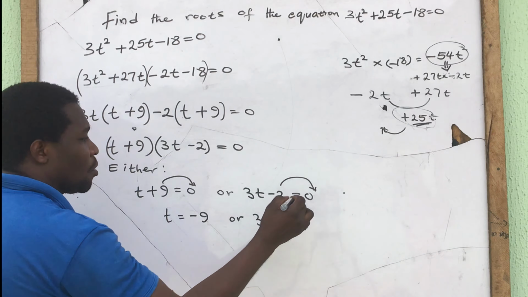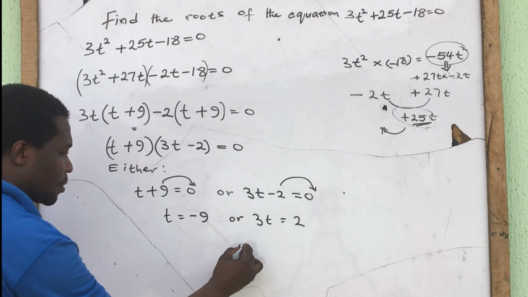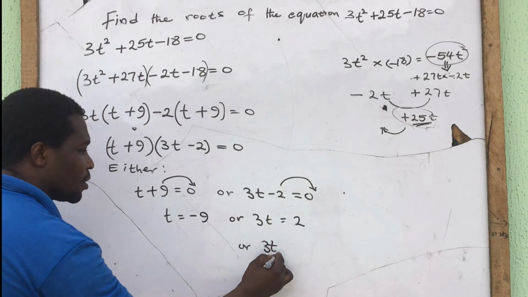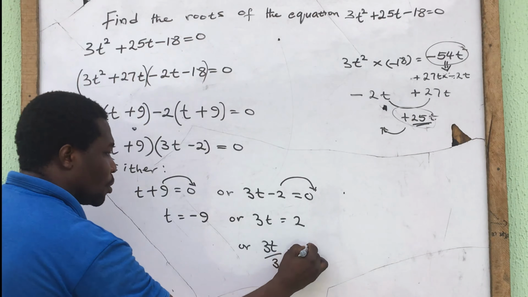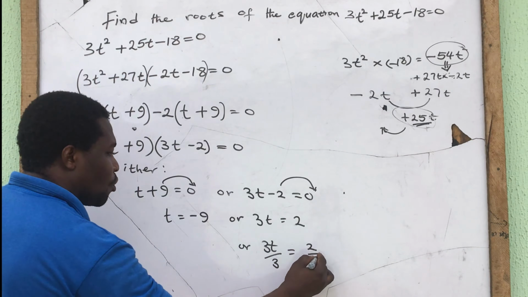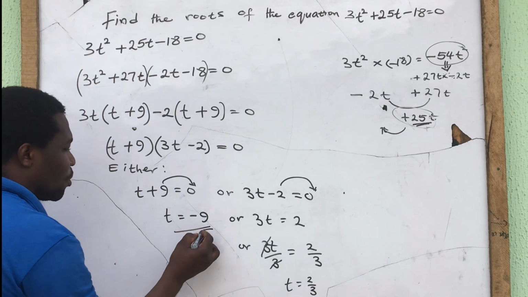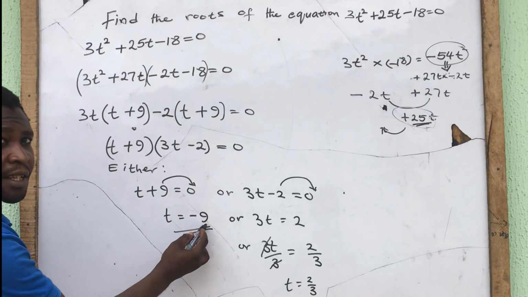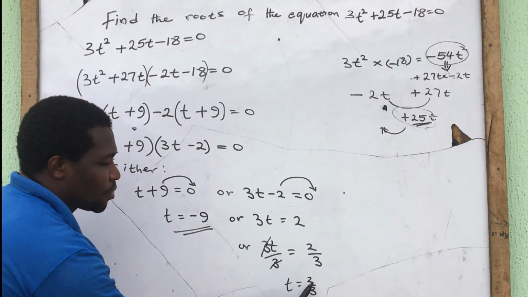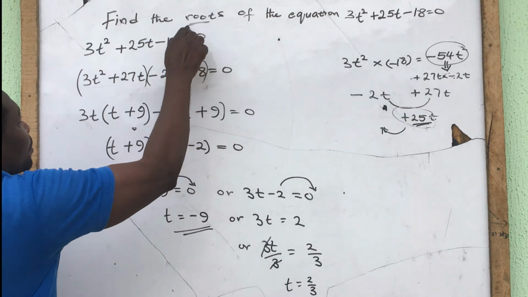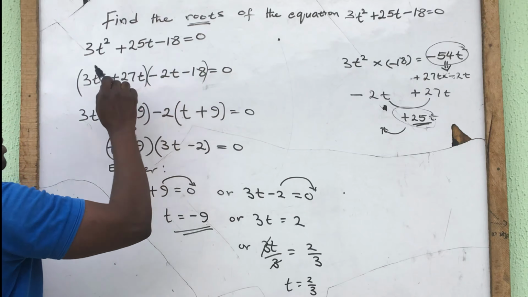So 3t over 3 equals 2 over 3. That is t equals 2 over 3. So t equals minus 9 or t equals 2 over 3. These are the roots of this equation.